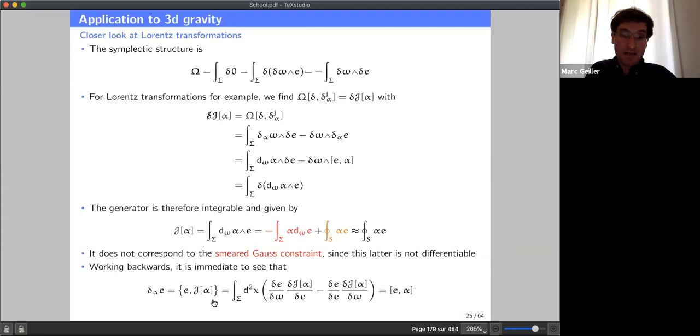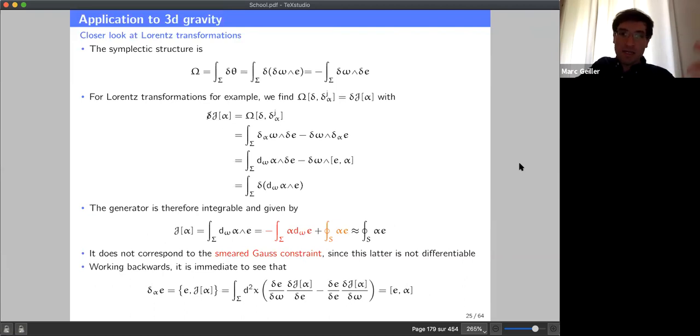This, of course, involves functional integrals and functional derivatives of the generator J alpha. And when I compute these Poisson brackets, if you're very careful with the integrals and the delta functions, we get that this is just the commutator of E and alpha. So this is completely consistent. You just notice, in fact, that if you have in mind what we usually do in the Dirac Hamiltonian analysis, this is a bit going in the opposite direction.